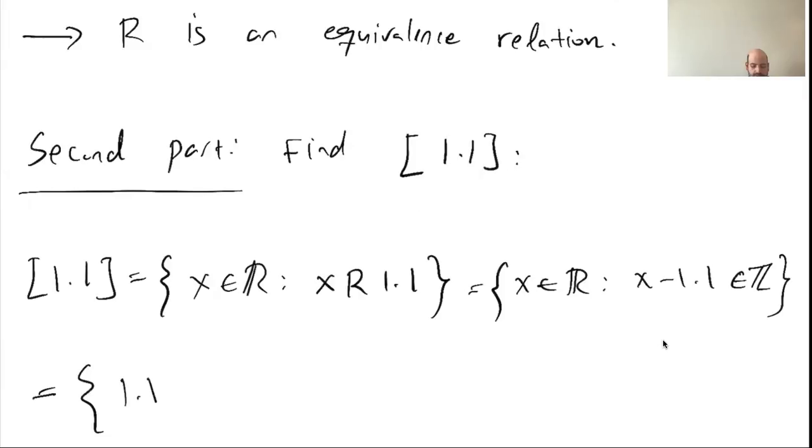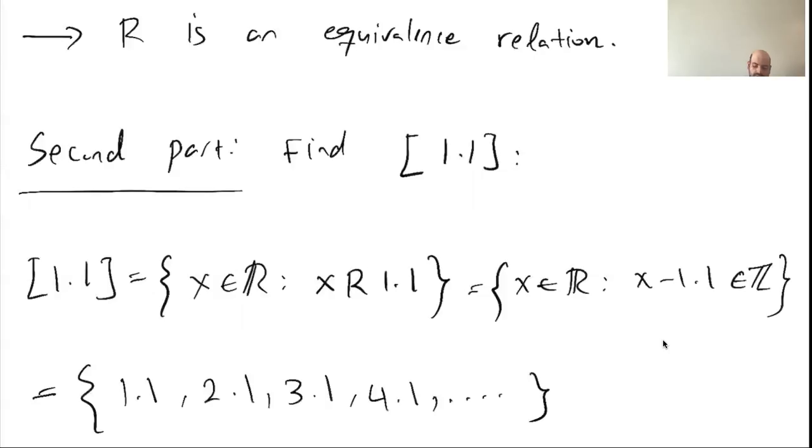Let's say 1.1, because 1.1 minus 1.1 is 0, which is an integer. What else? 2.1, right? 2.1 minus 1.1 is 1, that's also an integer. 3.1 minus 1.1 is 2, also an integer. 4.1 and so on.